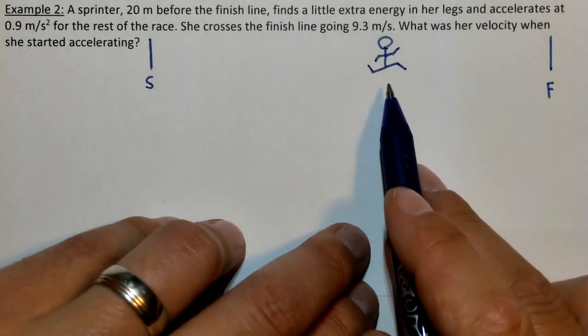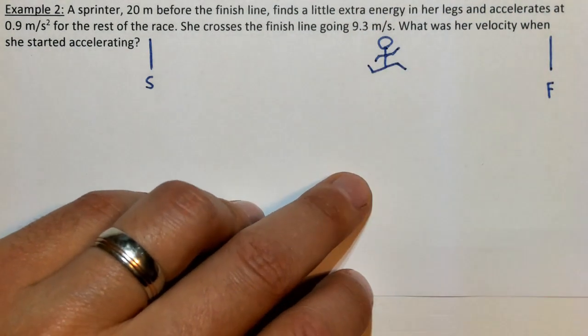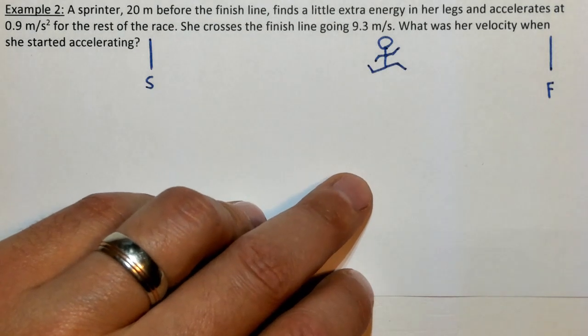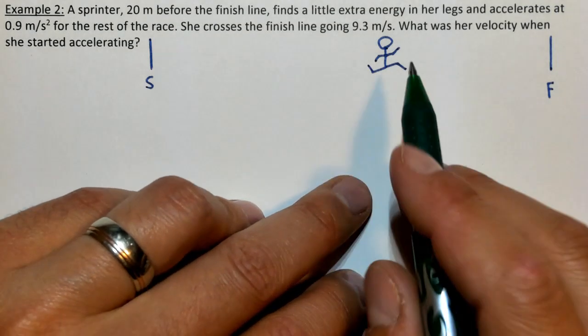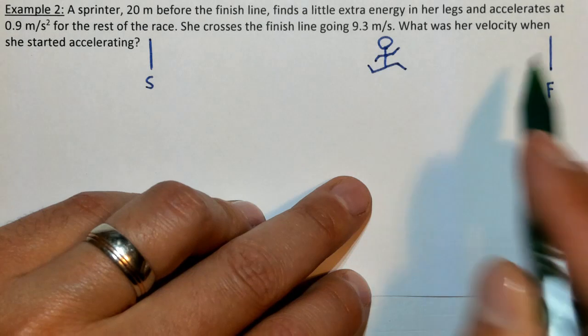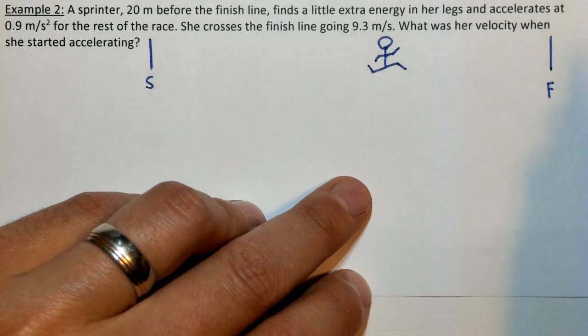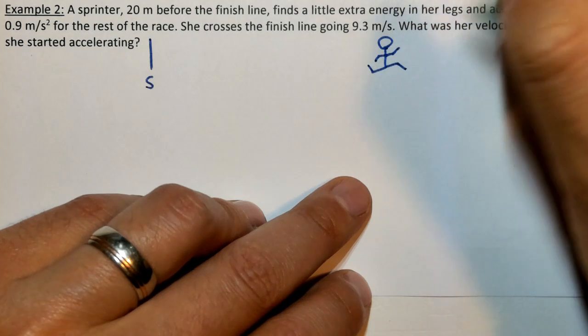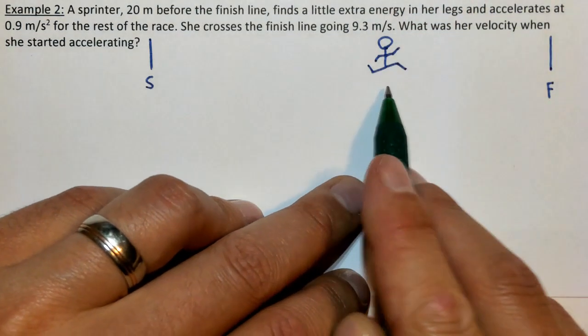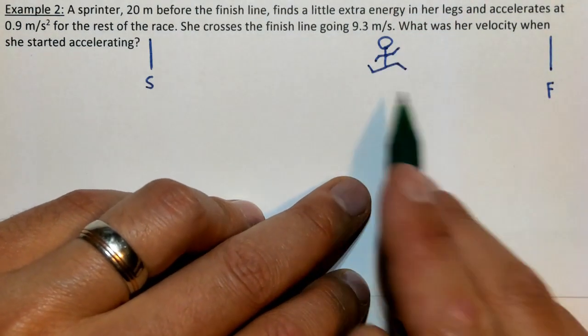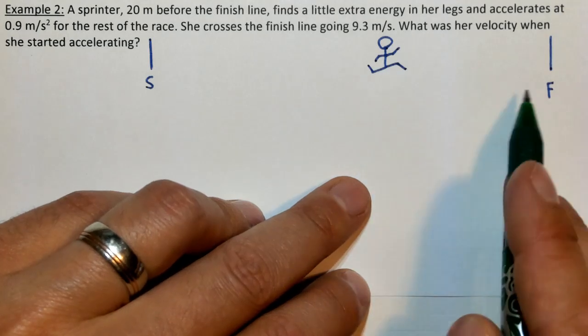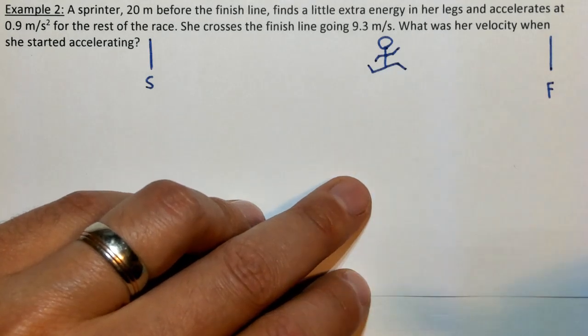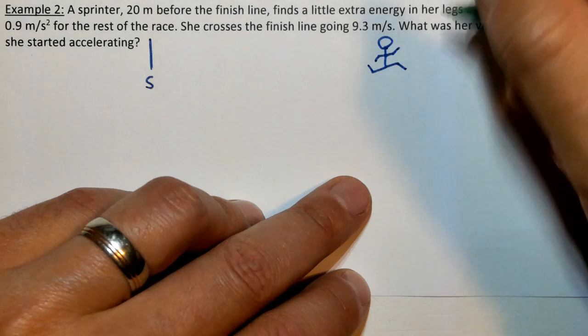And at this point, finds a little extra energy and she starts to accelerate. So, during this period of time from here to here, she has an acceleration of 0.9 meters per second squared. And she's moving forwards and speeding up. If you're moving forwards and speeding up, that means your acceleration would be forwards too. So the acceleration is positive.